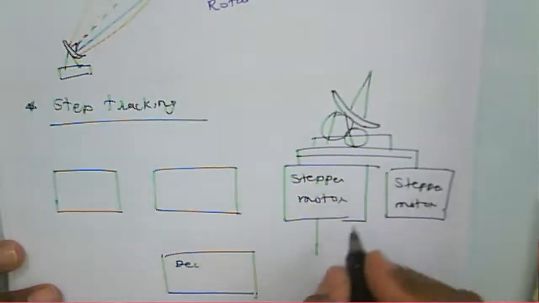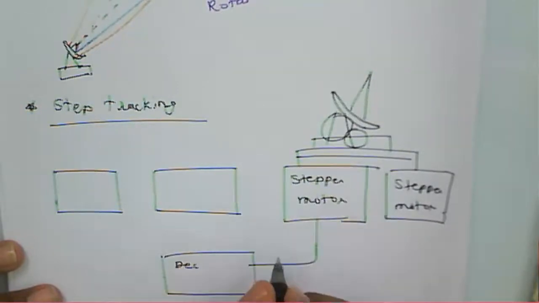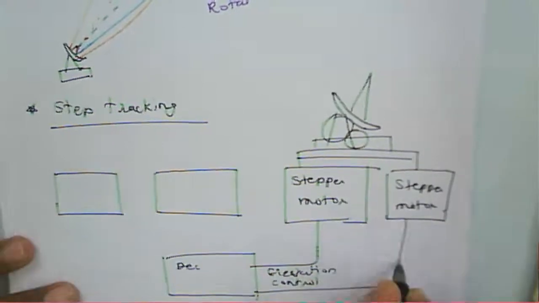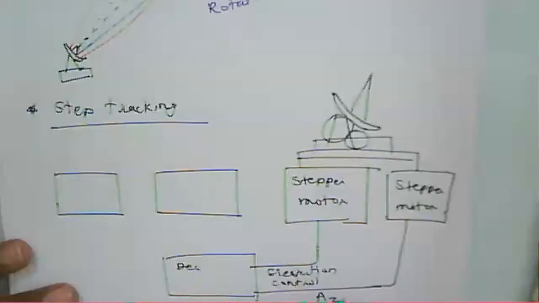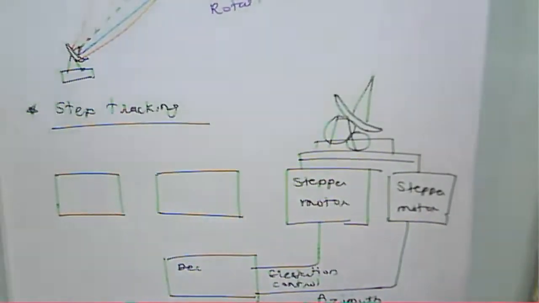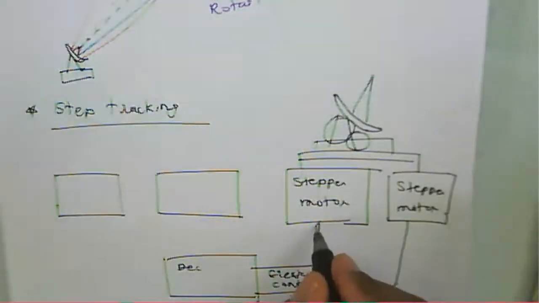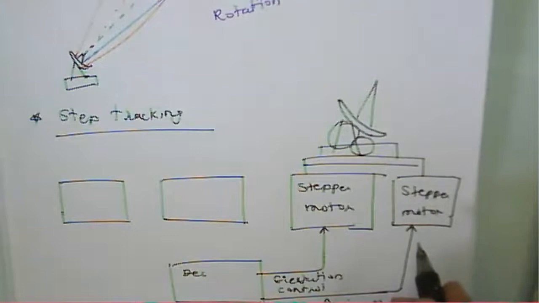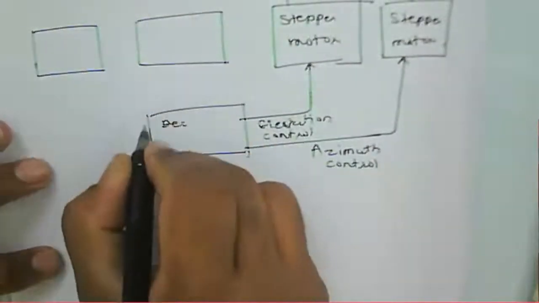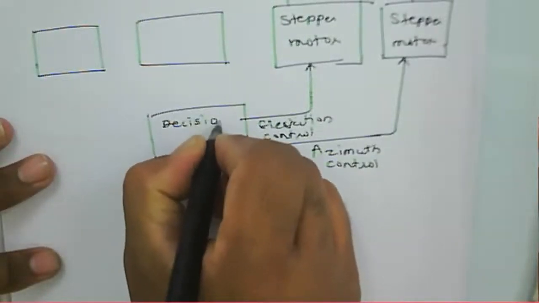That decision is regarding the elevation, or we can say azimuth control. These are the elevation control to the stepper motor, or azimuth control to the stepper motor. You can say a decision circuit.